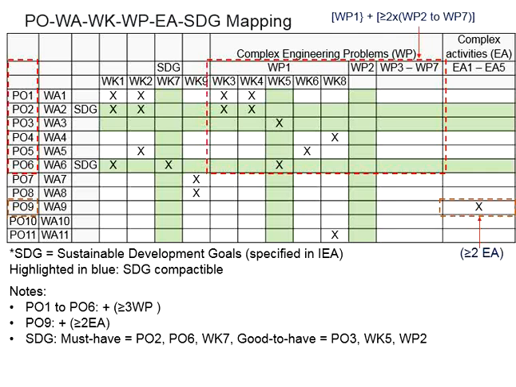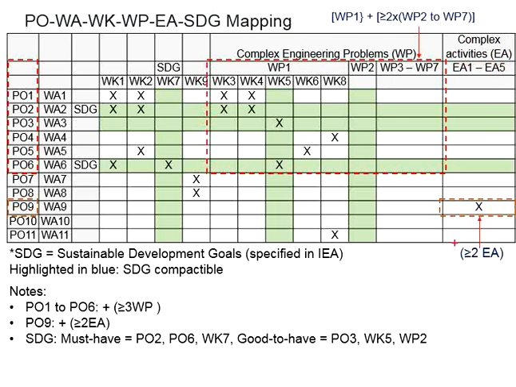Taking another example, let's say now you have a CO attending to PO9. This is addressing WA9. So far, there is no requirement on SDG. There is also no requirement on the complex engineering problems. But you will need the complex engineering activities.